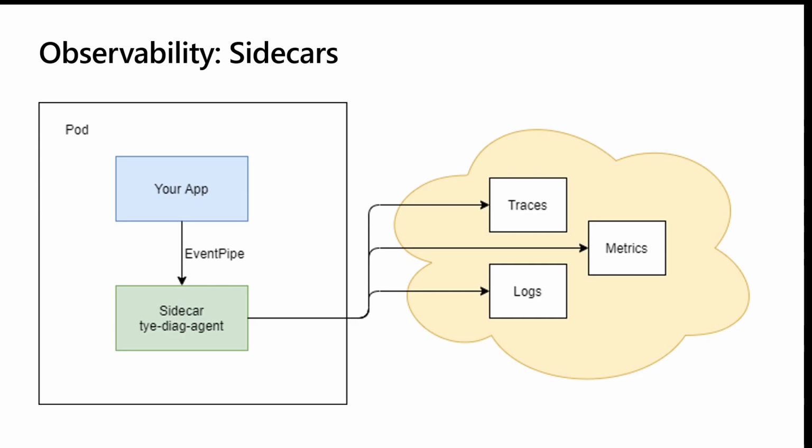So we can deploy an agent to the same machine, running in the same group as your container. In Kubernetes terms, they would call this a sidecar. So we've got a sidecar process running there, and we can connect to your app. We can gather all your logs and all your traces, and then we can be responsible for forwarding them to wherever they're destined to go.